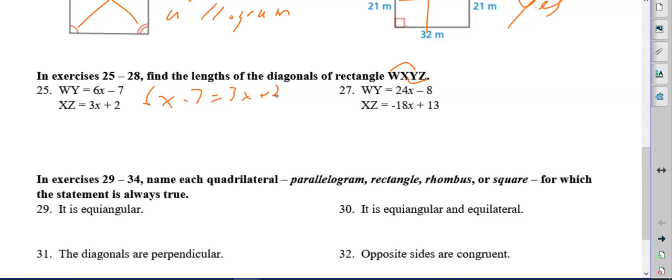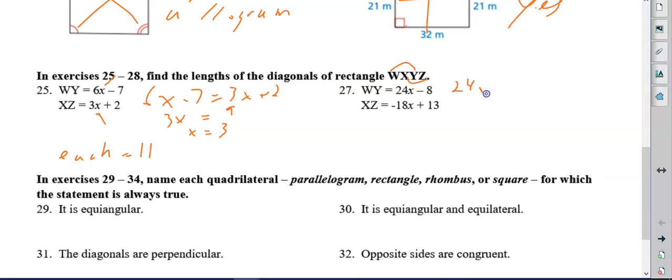So if I subtract 3x, I get 3x. If I add 7, I get 9, so x is 3. But then I have to plug in 3 here and here. So 3 times 3 is 9 plus 2 is 11. 18 minus 7 is 11. So each diagonal is 11.